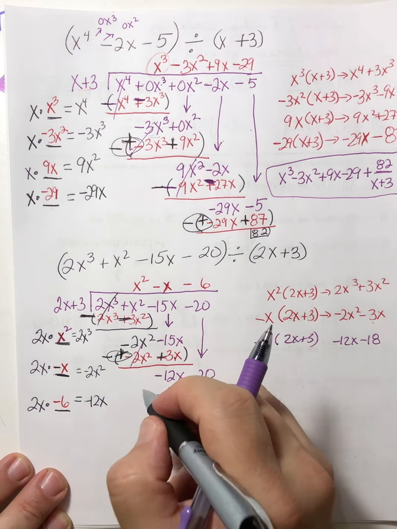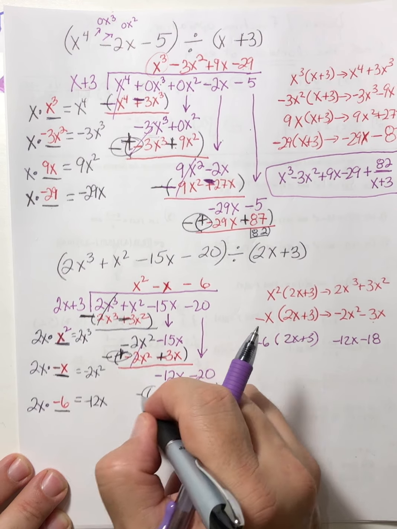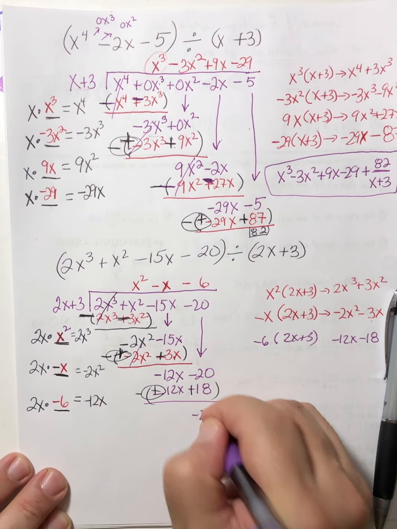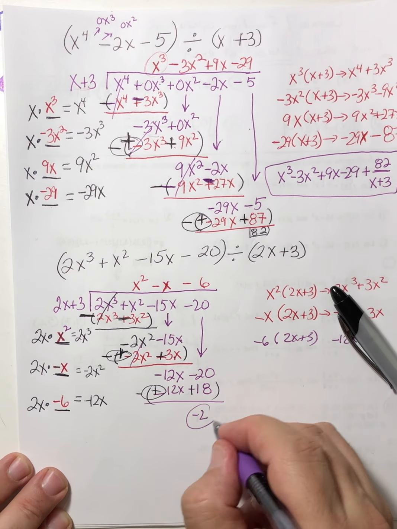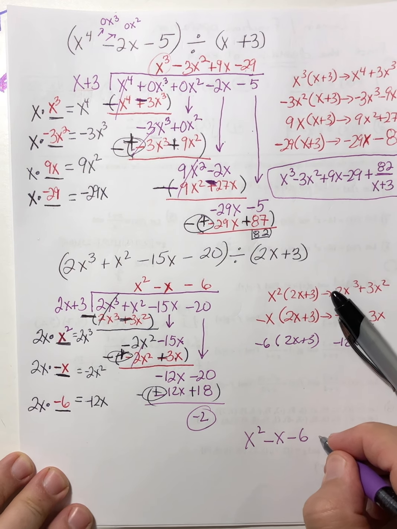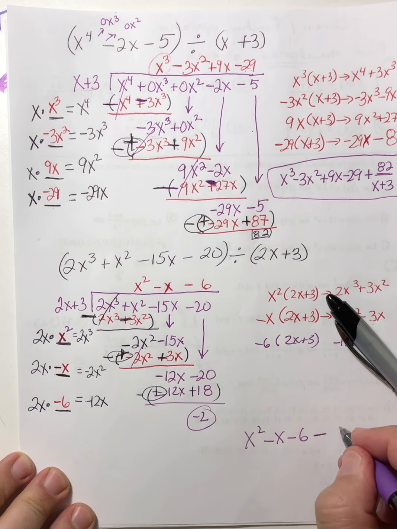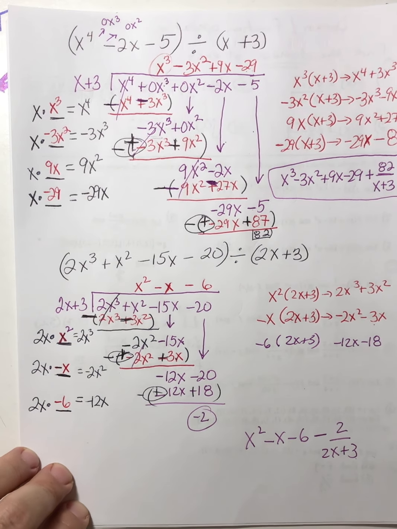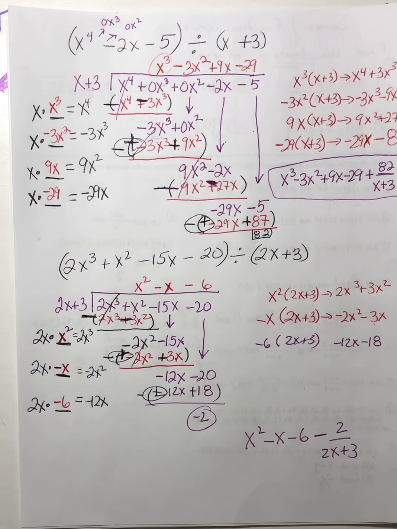And then we change the signs, and we have negative 2 as a remainder. That's it. There's your remainder. Then we just got to write it out properly. And it's a negative, so you can put minus 2 over 2x plus 3. There you go, guys. All done with long division.